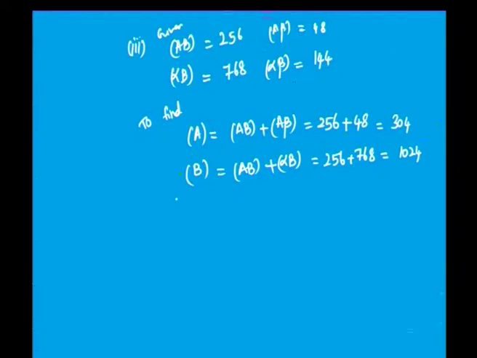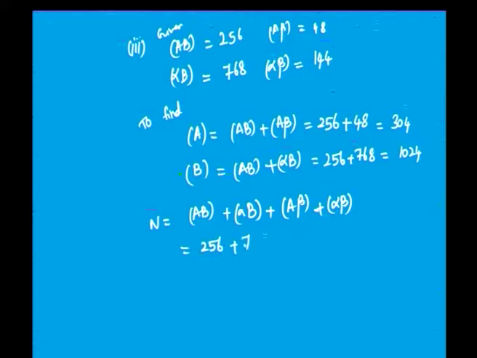Now, N is equal to AB plus alpha B plus A beta plus alpha beta, all the values added together, which is equal to 256 plus 768 plus 48 plus 144. This value is 1216. So, N is equal to 1216.